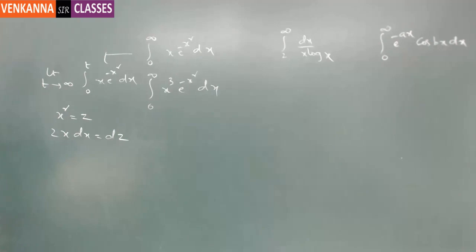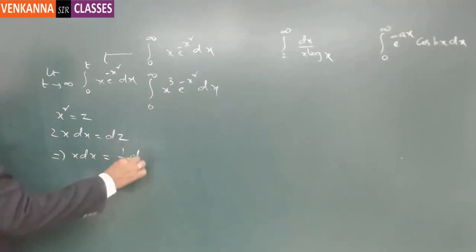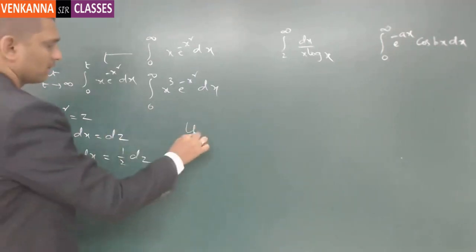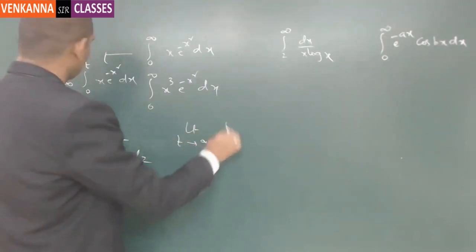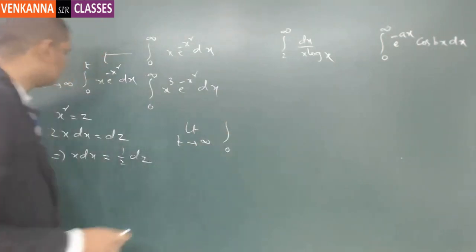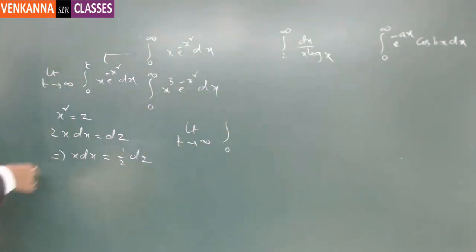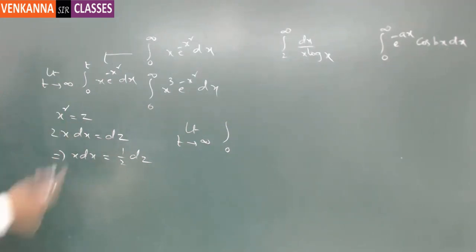Or you can apply integration by parts also. So this implies x dx is equal to dz by 2. If x is 0, z is 0. If x is t, z is equal to t square.